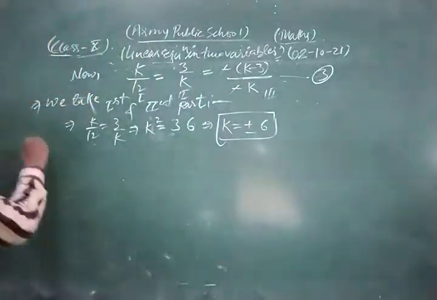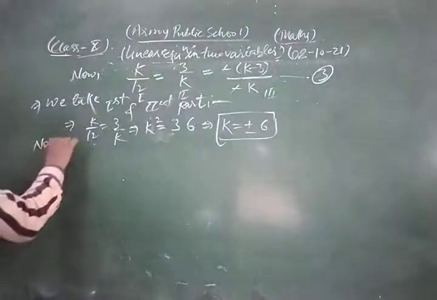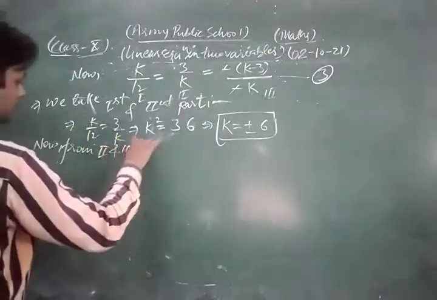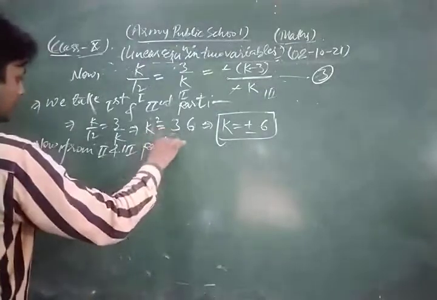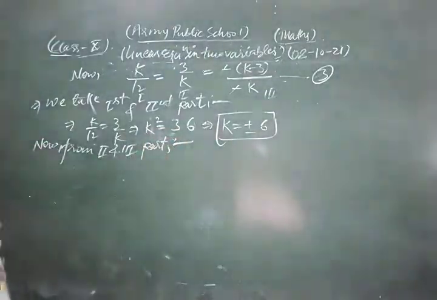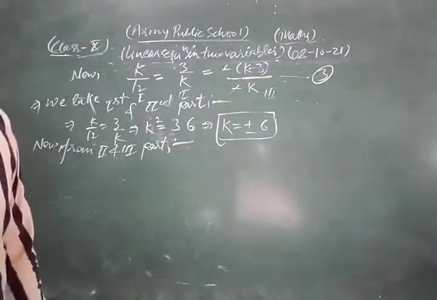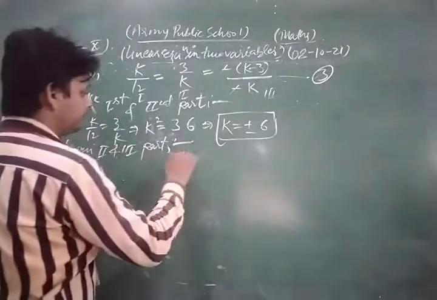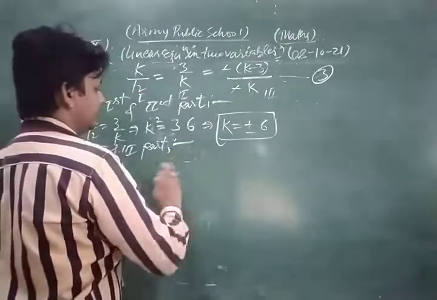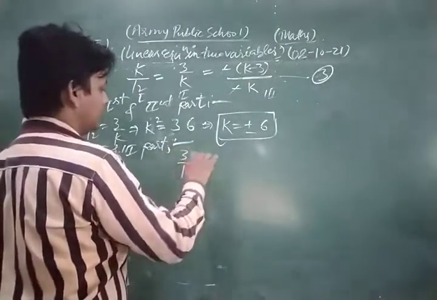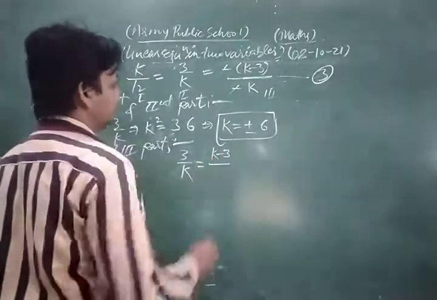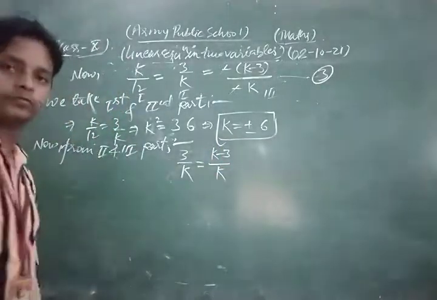From the second and third part we have 3 upon k is equal to (k minus 3) upon k.